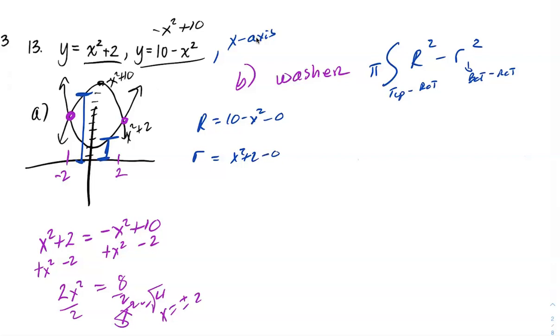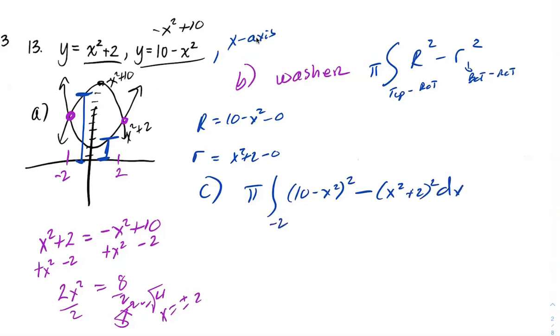My formula for C is going to be pi times the integral of big R squared, which is 10 minus x squared, minus little r squared, x squared plus 2, squared, dx, from negative 2 to 2. And the answer for that would be 256 pi, or 804.248. So there you go.